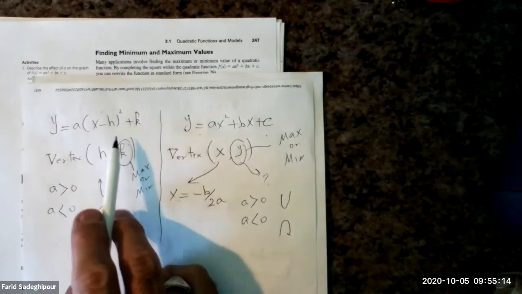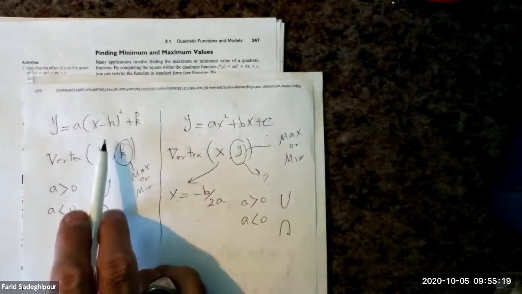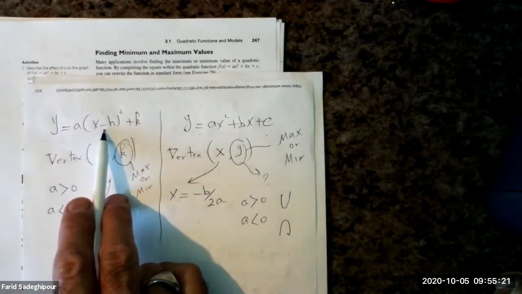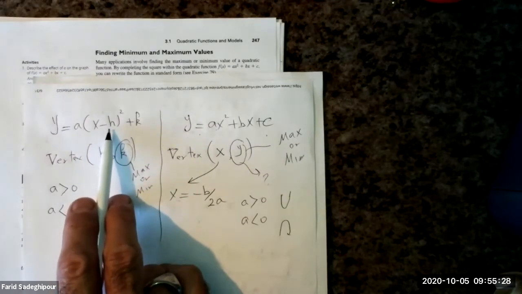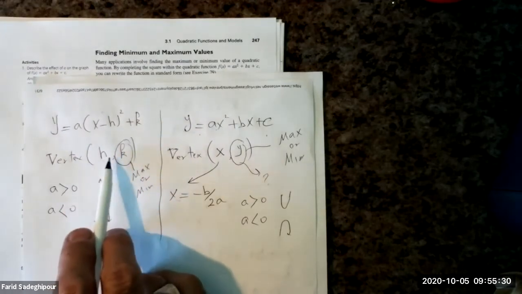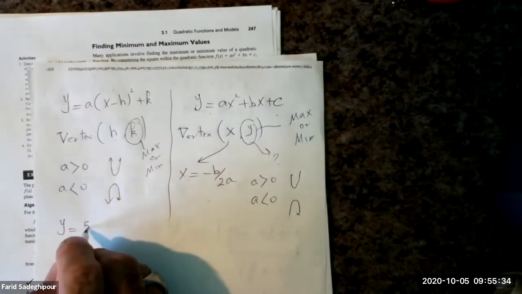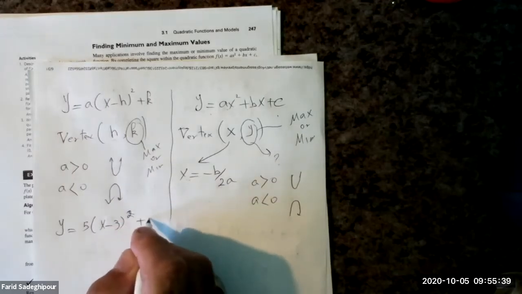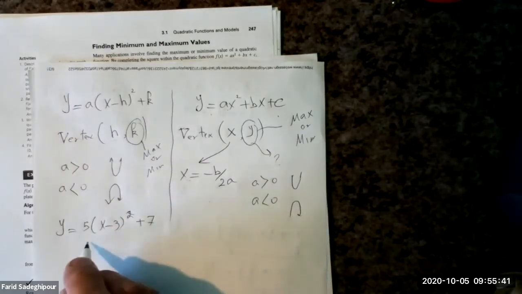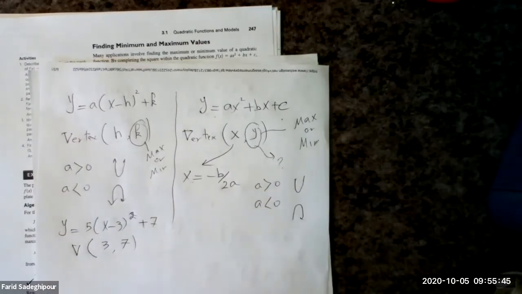If it's in the parentheses, remember h and k, what you have here for the x coordinate is always with the opposite sign. If this is, for instance, −3, then this is 3, but if this is positive, like +5, then you have the −5 here, okay? Like here, let's say I have something like this. What are the coordinates of the vertex? 3 and 7.